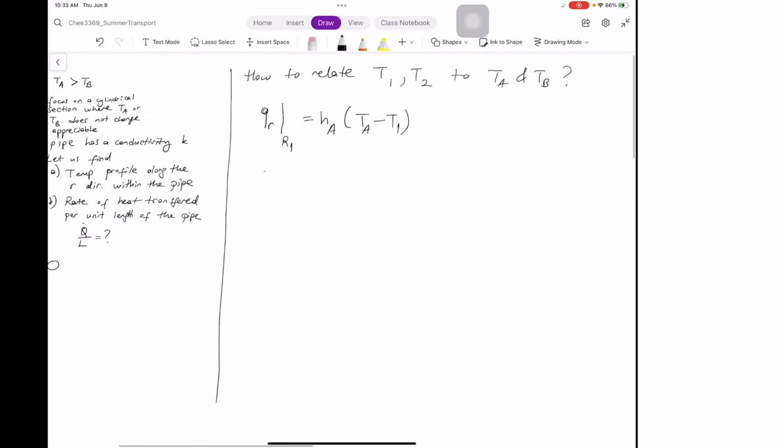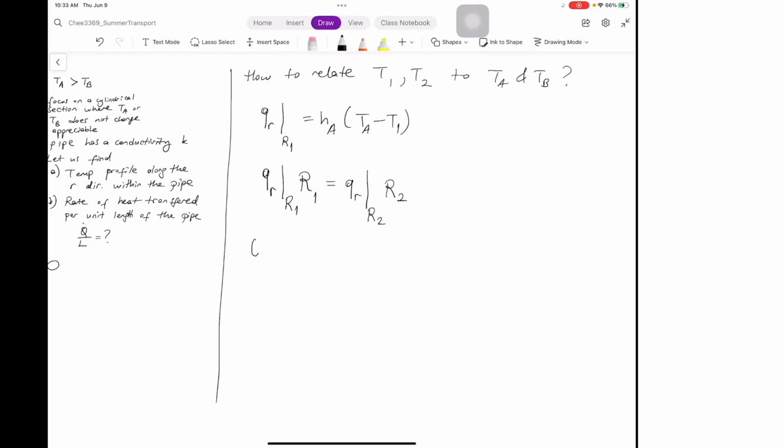So you can say that QR at capital R1 times capital R1 is equal to QR at capital R2 times capital R2 within the pipe, right? So you can use any R to calculate this, and it's going to be a constant. And you can relate it to Q, the heat transfer rate.